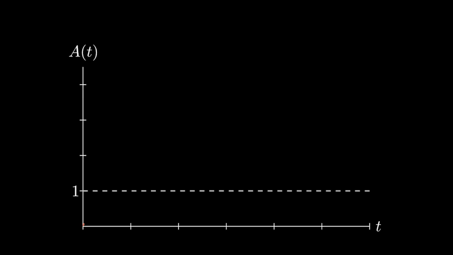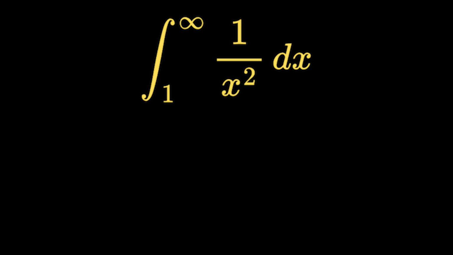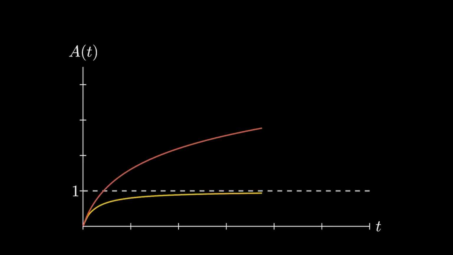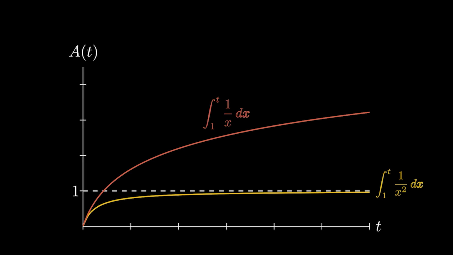Okay, I think the best way to explain this is through an example. So let's take two integrals: the integral from 1 to infinity of 1 over x squared dx, and the integral from 1 to infinity of 1 over x dx. Now when we plot this on a curve, as you can see, we get two very different situations.